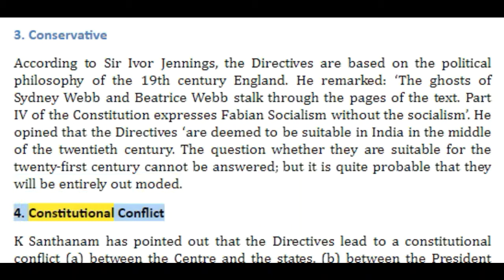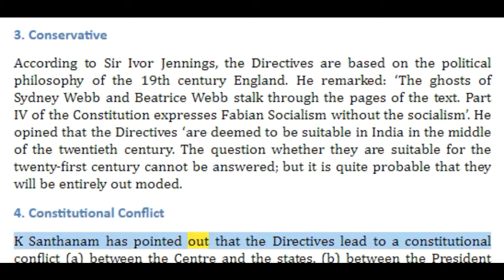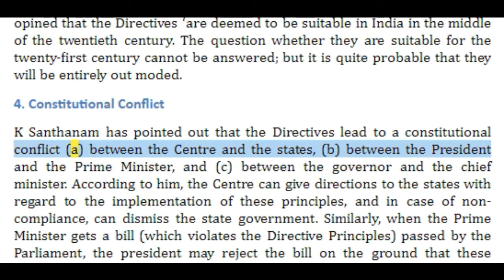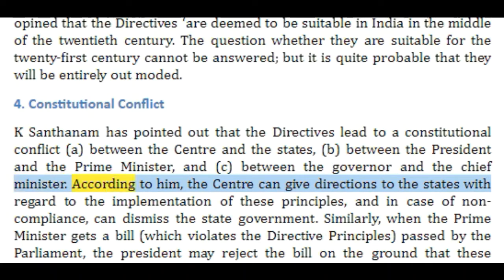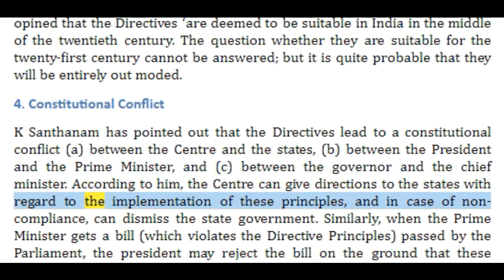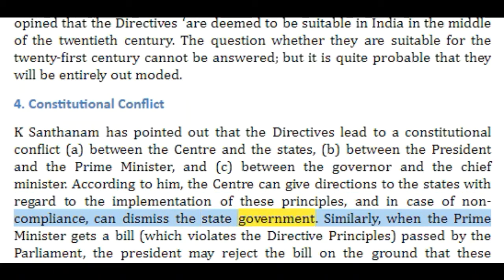4. Constitutional conflict. K. Santhanam has pointed out that the directives lead to a constitutional conflict: a. between the Centre and the states, b. between the President and the Prime Minister, and c. between the Governor and the Chief Minister. According to him, the Centre can give directions to the states with regard to the implementation of these principles, and in case of non-compliance, can dismiss the state government.